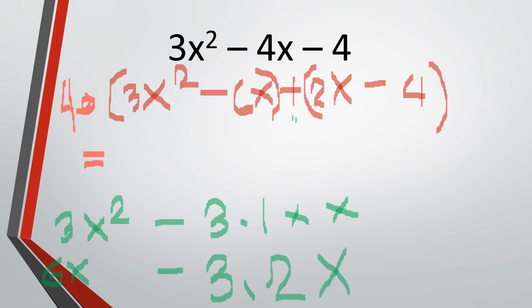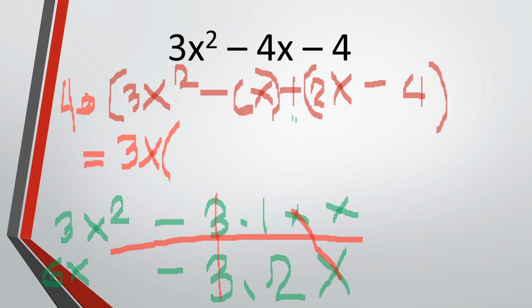Thus, the GCF here is 3x. So you write here 3x. We have open parenthesis. As for the first term, the remaining here is x, minus, here the remaining is 2. Then you close it. Copy the operation plus, and then let's solve for the second binomial.